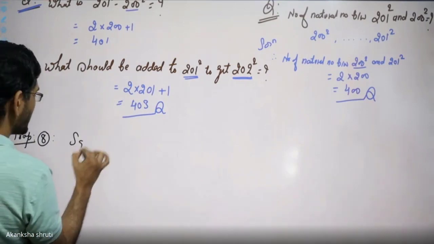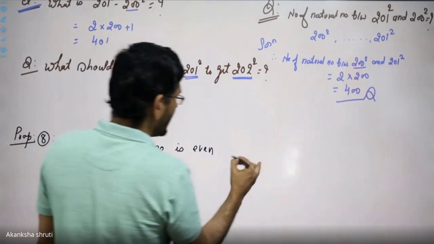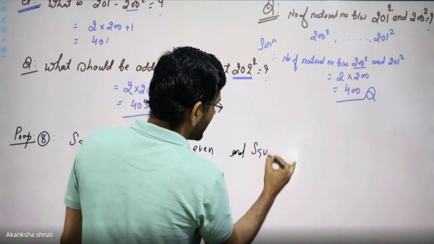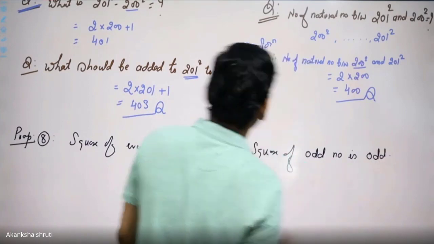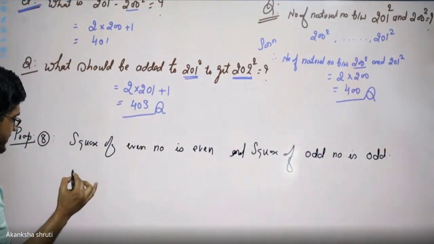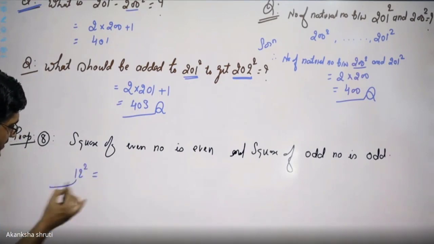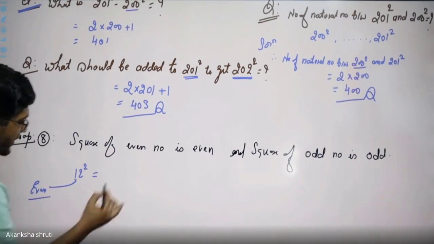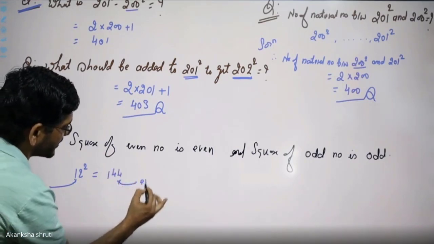Students, the square of an even number is even and the square of an odd number is odd. This is the property, and we can check it. If we consider 12 square, keep in mind 12 is even, it is 144, which is also even.